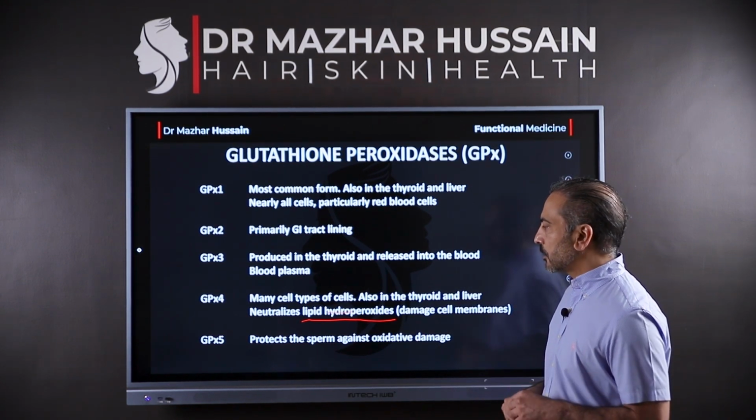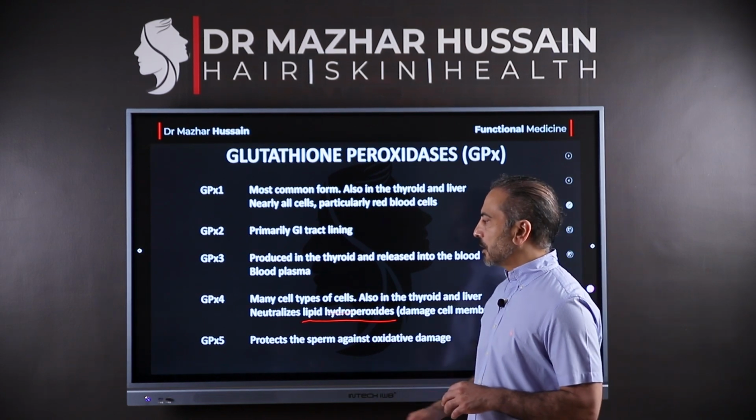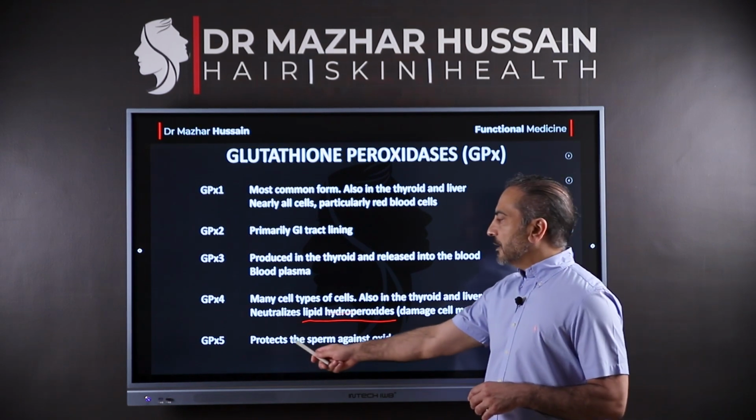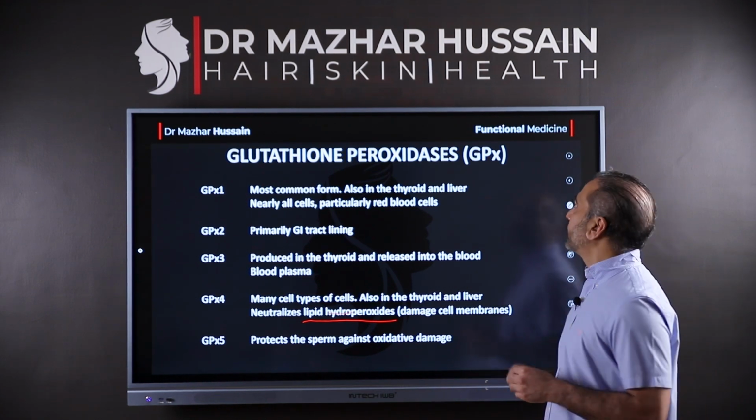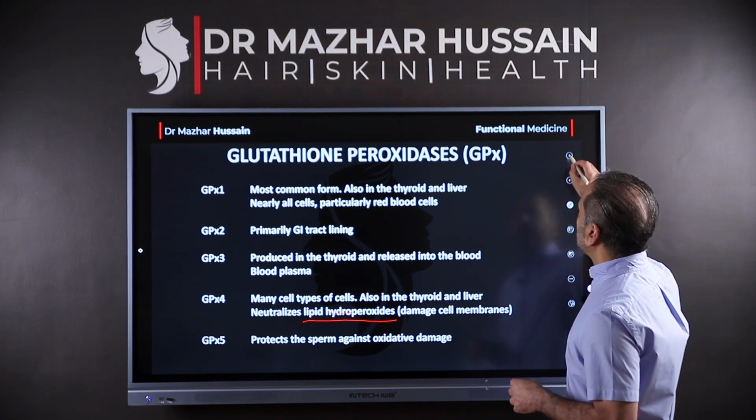We want it in control, and GPX4 is responsible for that. And finally, we have GPX5, which protects the sperm from oxidative stress.